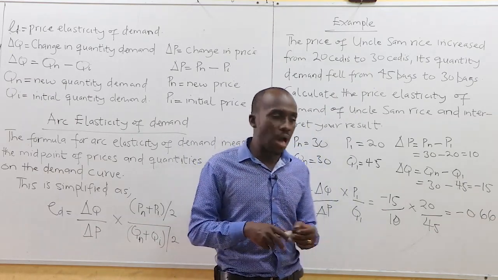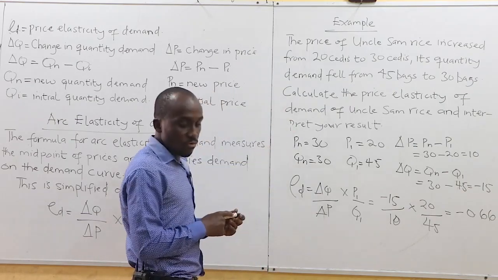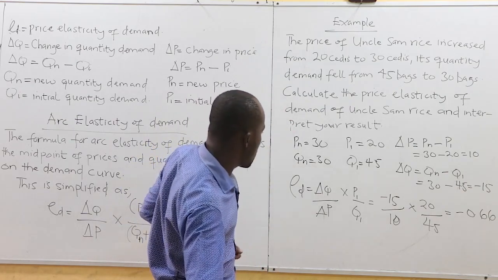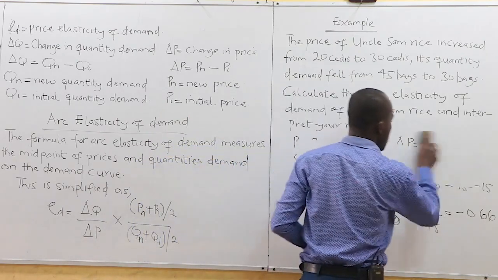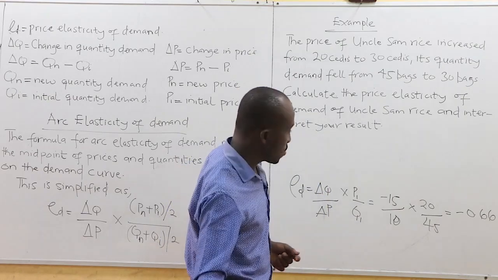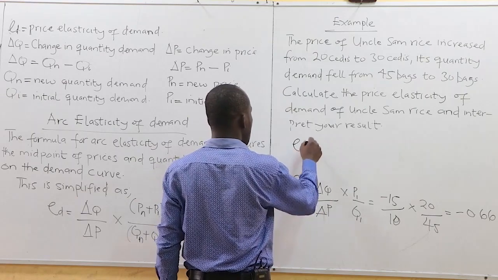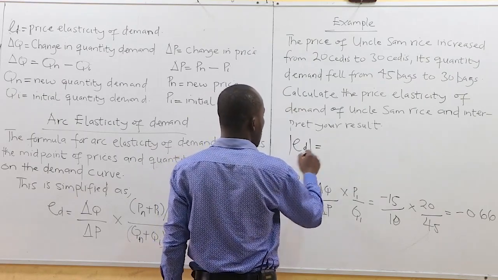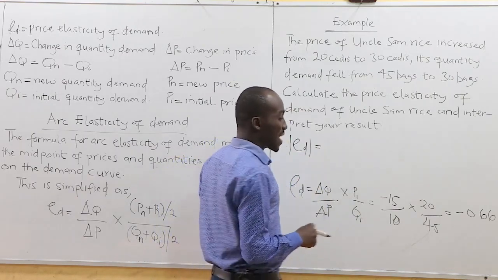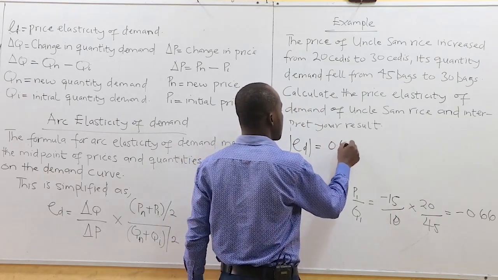So you have to find what I call the absolute. Negative 0.66 absolute will give you positive 0.66.